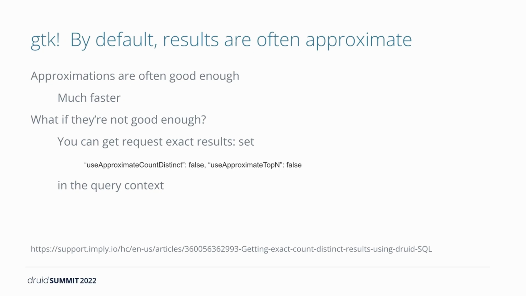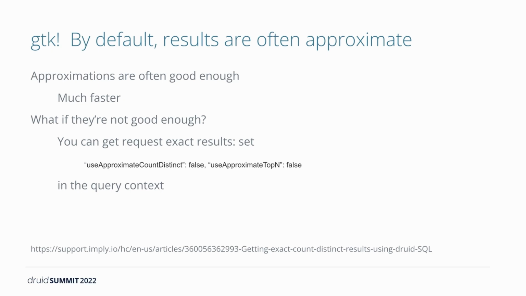But know that your queries will take more resources and be slower. So test it out, use with caution. And I've included a link to the KB article about some of these options. Something that is sometimes surprising to users of Druid SQL, and a good thing to know how to get around if you need to.